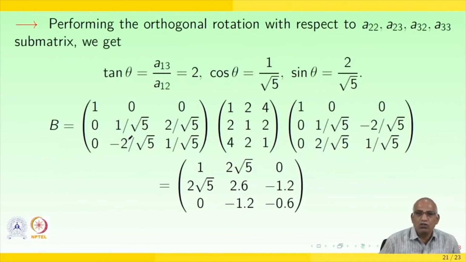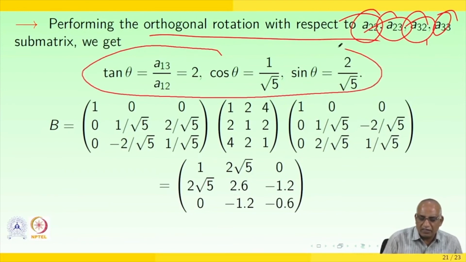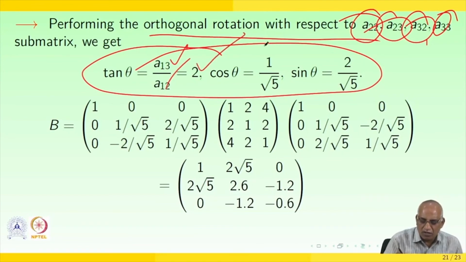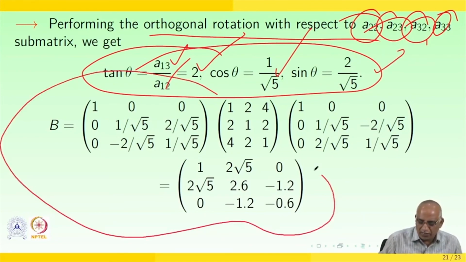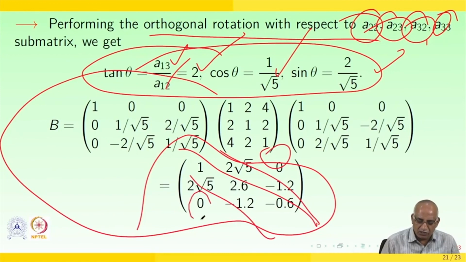So you get the orthogonal rotation with respect to A22, A23, A32, A33, and you get a matrix like this. Tan 2 theta is A13 upon A12, which is equal to 2, and cos theta is 1 over square root of 5 and sin theta is 2 over square root of 5. So if you multiply that, you get ultimately this matrix. Again you see here, this is a banded tridiagonal matrix, and this is 0 and this is 0.